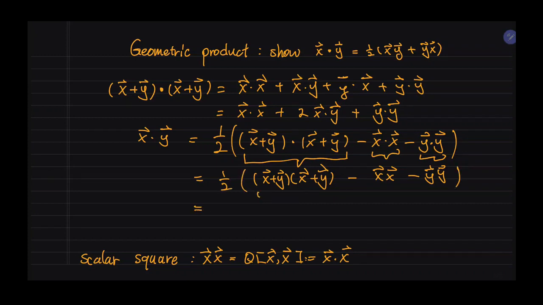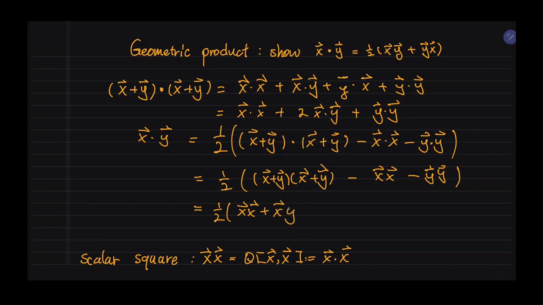And then we expand this between these two parentheses. Then we get xx. The reason we can distribute is that the geometric product is defined to be distributive.